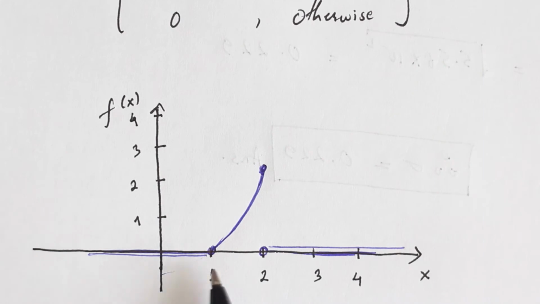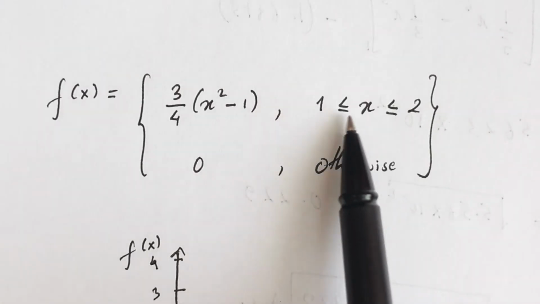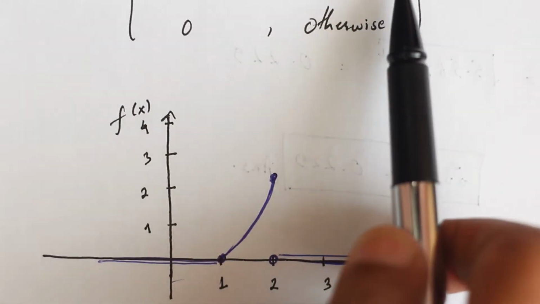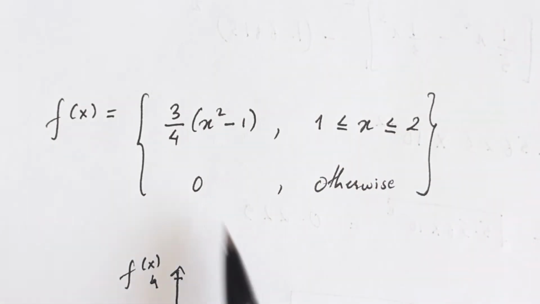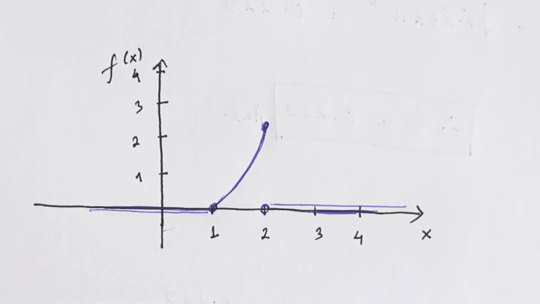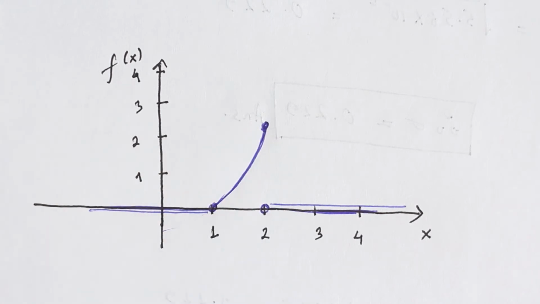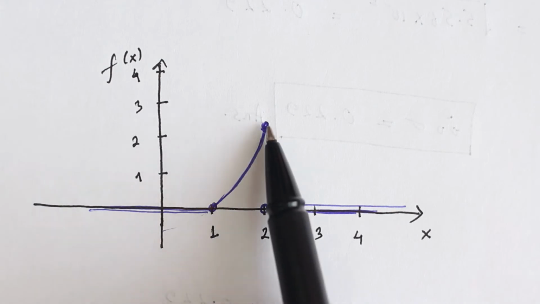So that's why there's a filled circle at (1, 0), because 1 is included. And at 2 inclusive, you have 9 over 4, which is 2.25, so at 2 we have 2.25. And there's also a filled circle here.